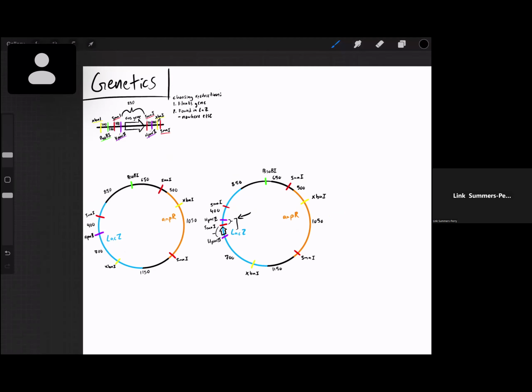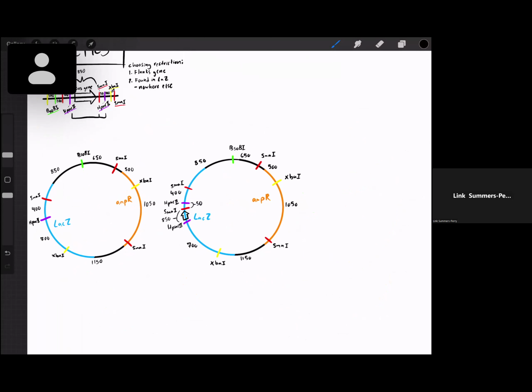So this distance is 850. Our distance between SmaI and HpaI and C, which is this distance right here, is 50 base pairs. So let's write that in. All right, so this is the forward orientation.